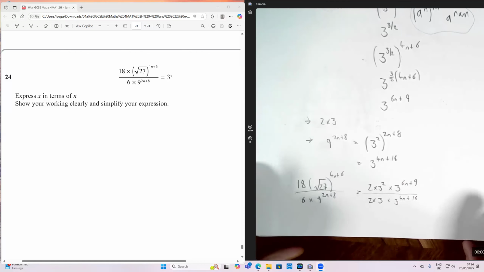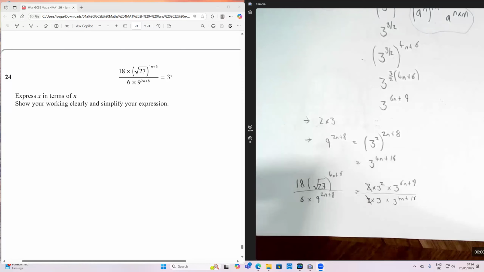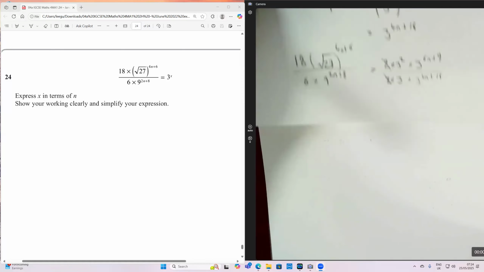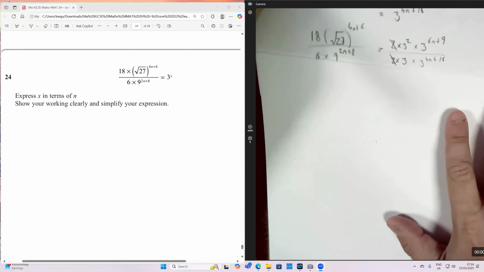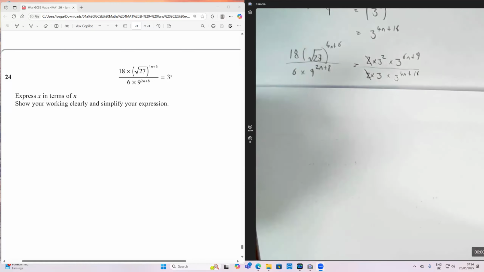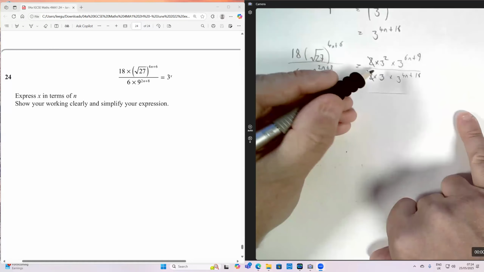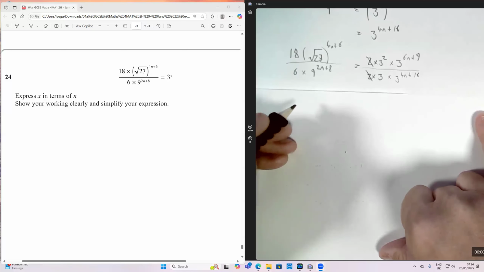Okay, right, let's see what we're going to do now. We can cancel out those 2's. That's kind of nice. Let's deal with the numerator first and then think about the denominator. So our numerator now is going to be 3 squared times 3 to the 6n add 9.